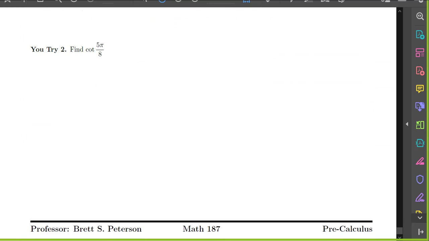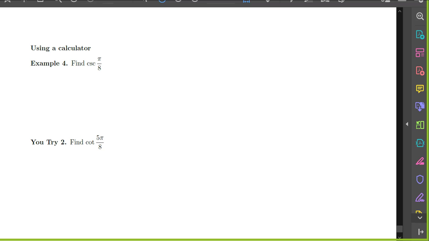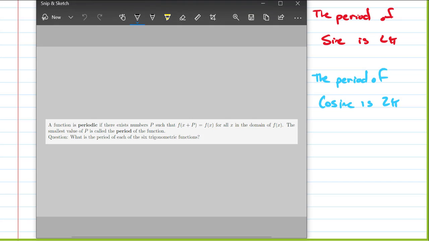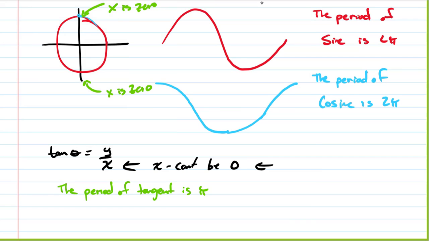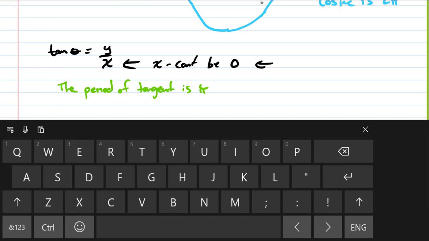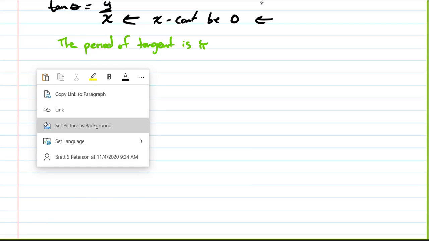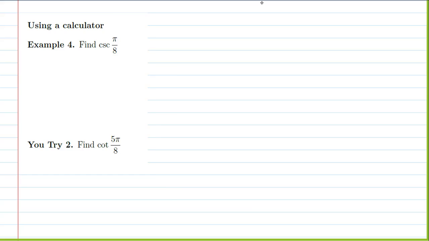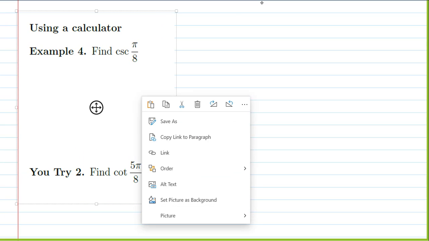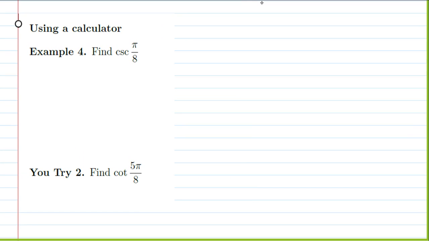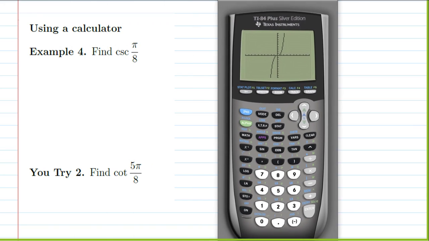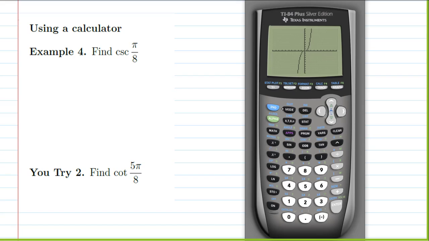All right, so we want to use a calculator to find the cosecant of pi over 8. If you grab your calculator, you'll notice something. There is no cosecant button.